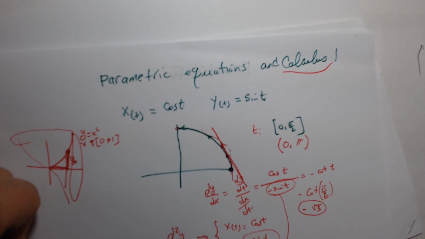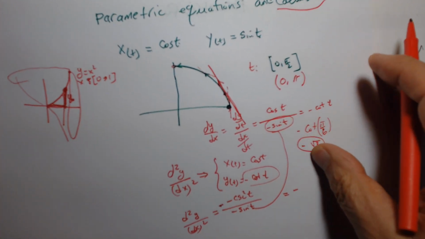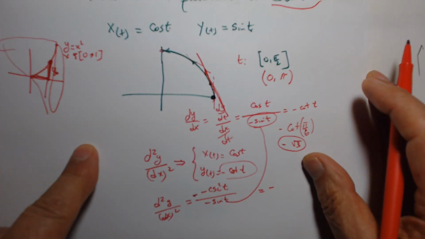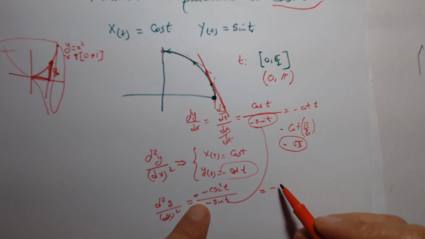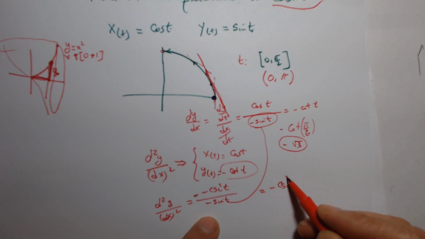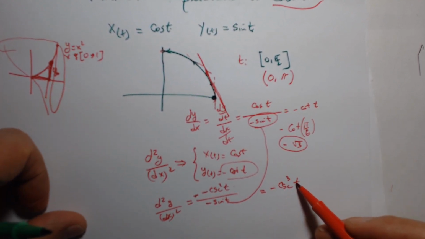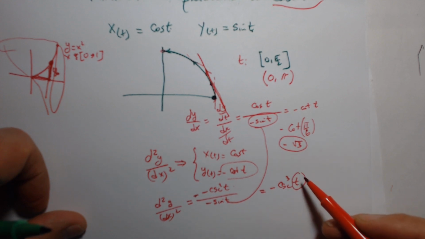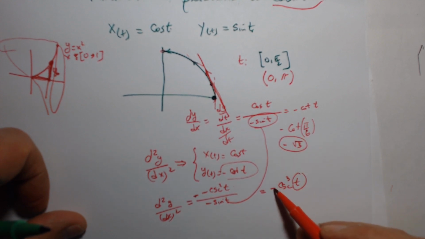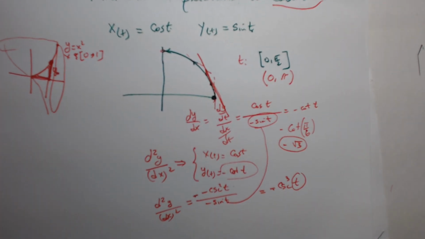Negative times negative is positive, and positive over a negative becomes a negative. Cosecant squared times 1 over sine, which is cosecant, gives negative cosecant cubed of t. In the first quadrant, t is always between 0 and pi over 2, so that number is negative and the curve is concave down.